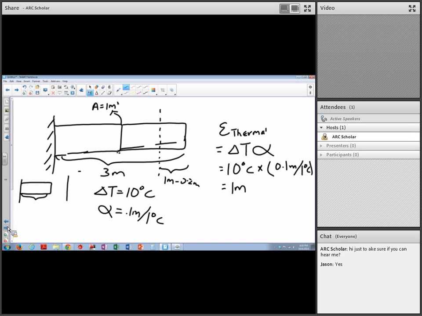And this. So it only allows an increase in length of 0.2 meters. So what we need to do now is calculate the stress in here caused by the wall. You guys know how to do this.